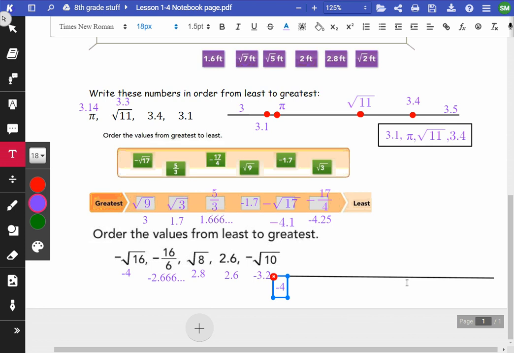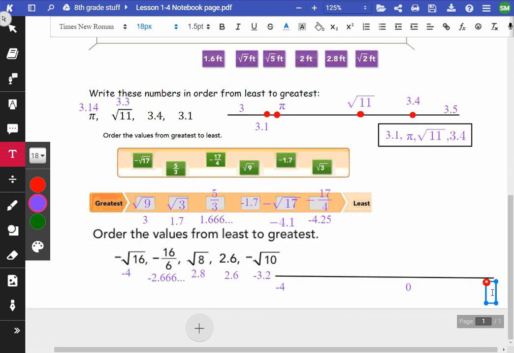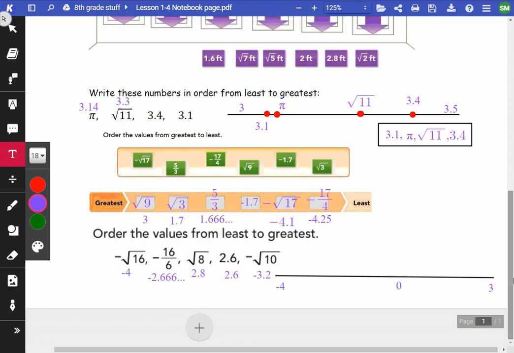I'm going to put 0 about here. See how I can kind of just eyeball where it goes. And then I need a 1, a 2, and a 3 over here. I'm going to move the 0 over a wee bit. Okay, there we go. So I've got negative 4, 0, and 3 on my number line.